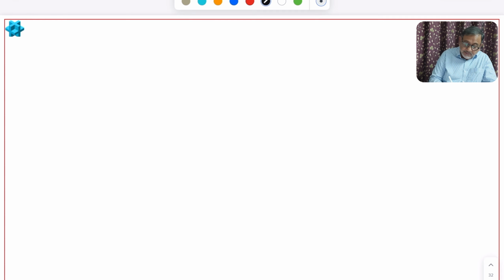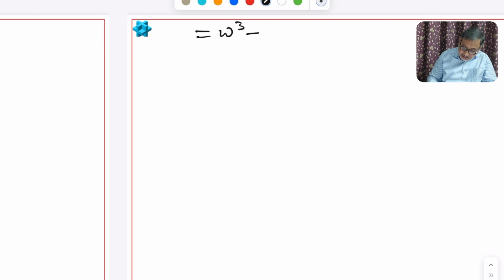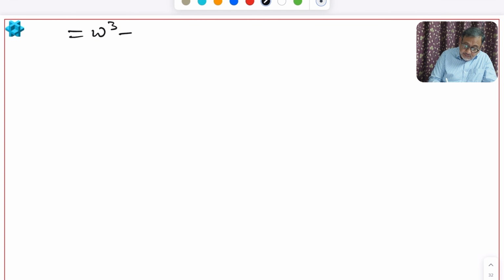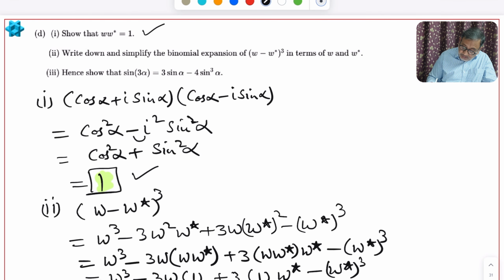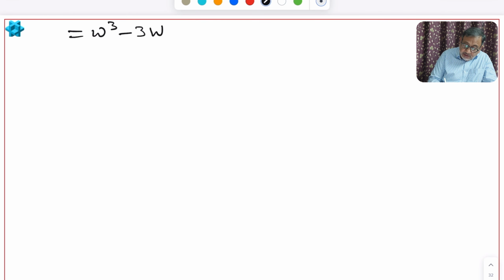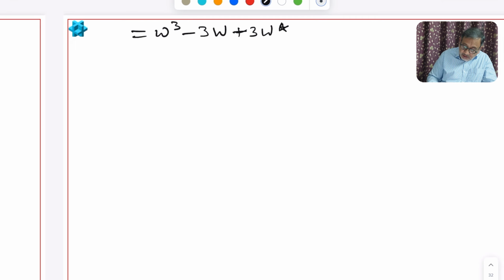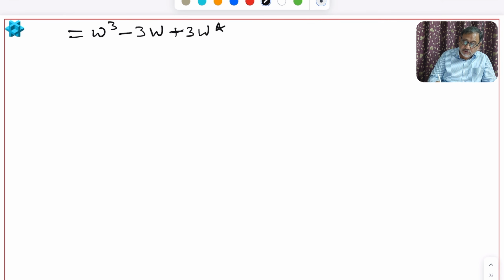It will be w cube minus 3w plus 3w conjugate minus w conjugate cube.